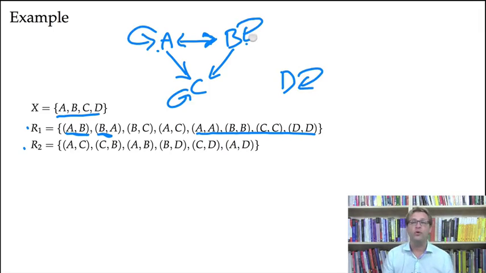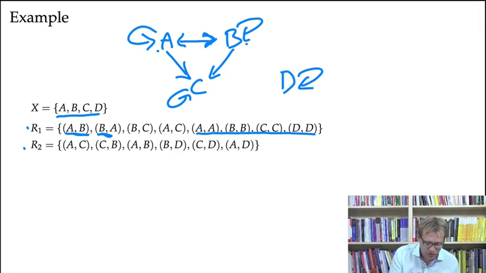So this graph is a useful way to visualize the relation R1. We see that R1 is not complete because, for example, there's a pair of elements, namely B and D, such that there's no relationship between B and D. Neither BD is in R1 nor DB is in R1.